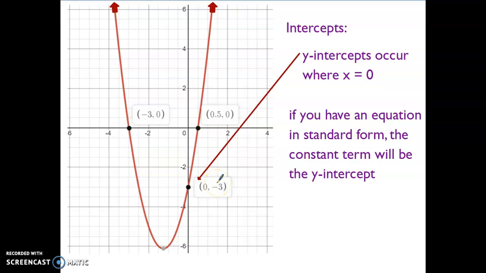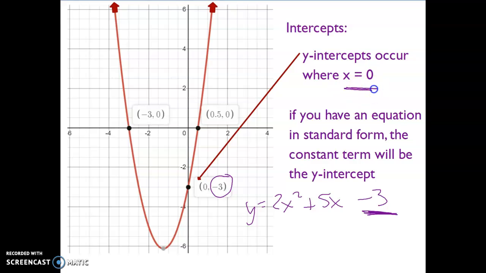And if you have an equation written in standard form, the constant term will be the y-intercept. So whatever this equation was, y equals 2x squared plus 5x minus 3, right? That -3 right there matches this -3 right here. The constant is the one that has no x on it. So when it's written in standard form, I would get this.